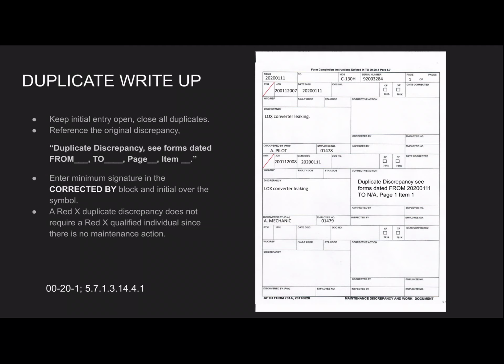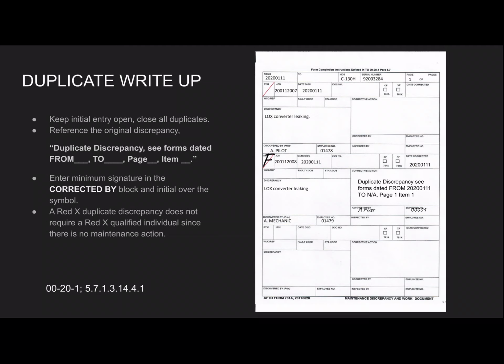And next we're going to talk about how to fix a duplicate write-up. So sometimes when you're in the forms, someone doesn't notice that what they found wrong with the plane is already written up. So you get a duplicate write-up scenario, and this is how you close it out.